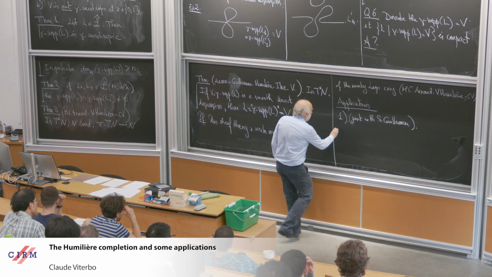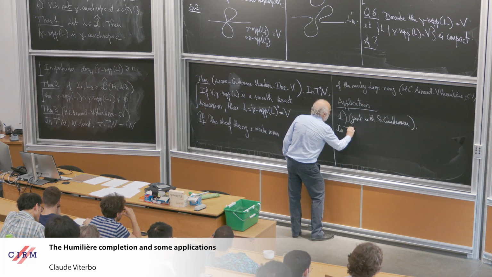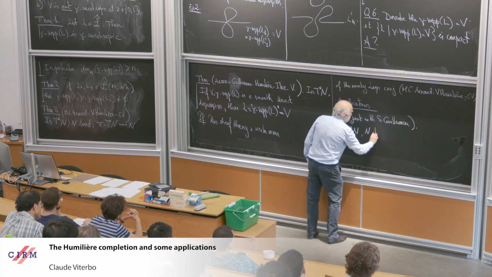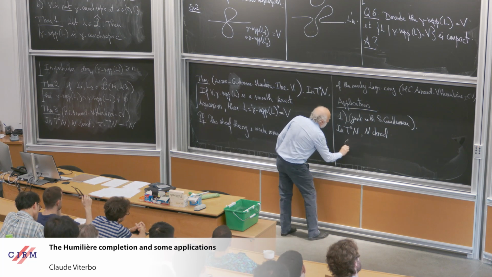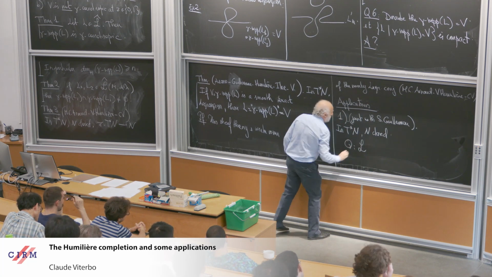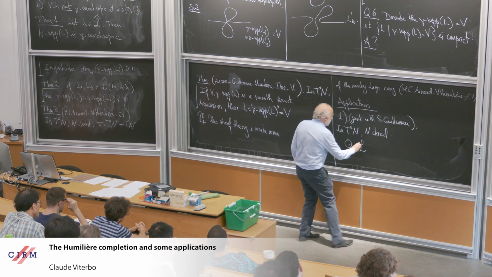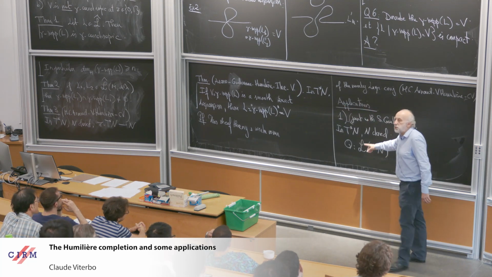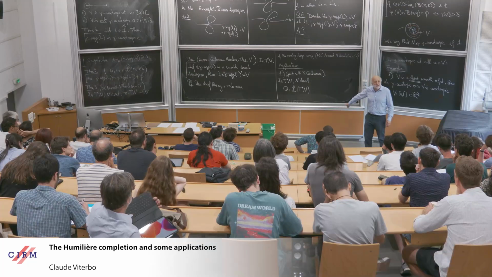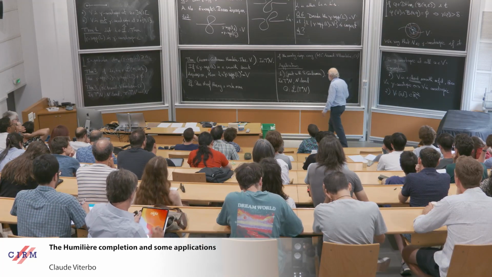So in T star n, for n closed, you have a quantization map, so to an exact Lagrangian, as I said before, you don't have to choose a class because there's only one class in a cotangent bundle.